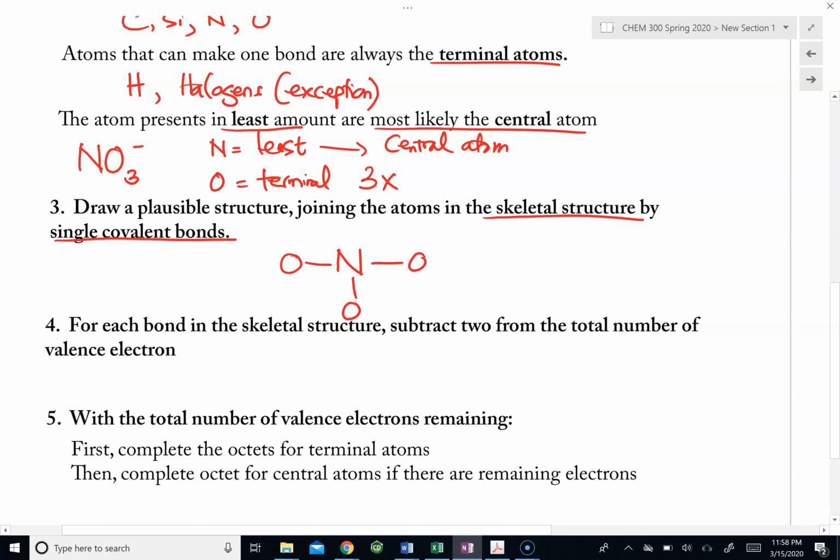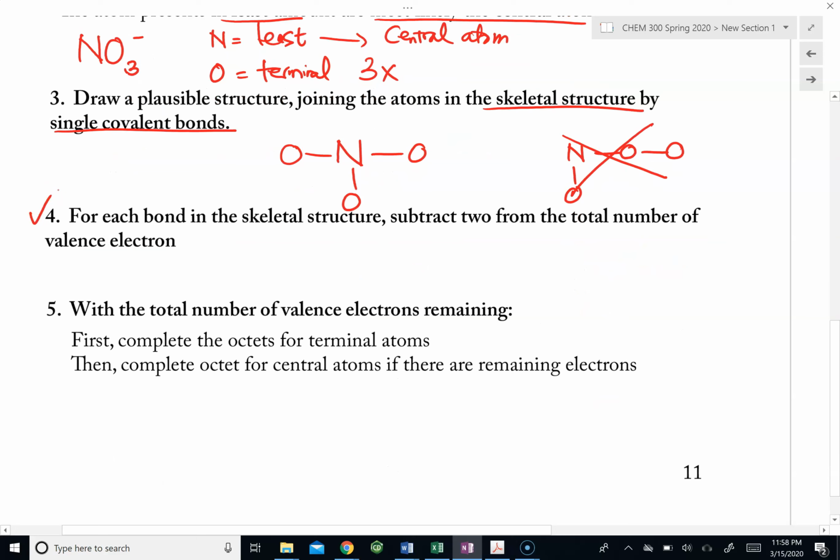If we have more than one terminal atom, we need to connect them symmetrically, meaning the 3 oxygens need to be connected to the nitrogen, not as follows: 2 oxygen here and then an oxygen somewhere else. So do not do this. Connect them symmetrically to the central atom.